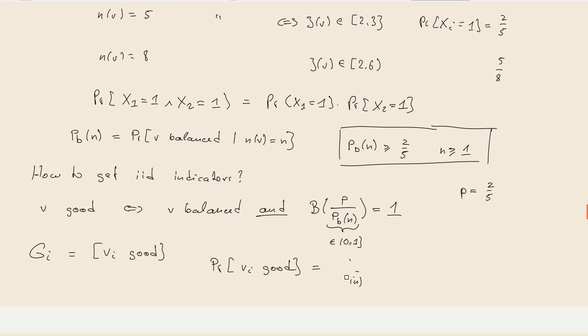So maybe I should write it down properly. Let's call this thing the coin c_i. It is 1 given x_i, which was the event that this node is balanced, times the probability for x_i.